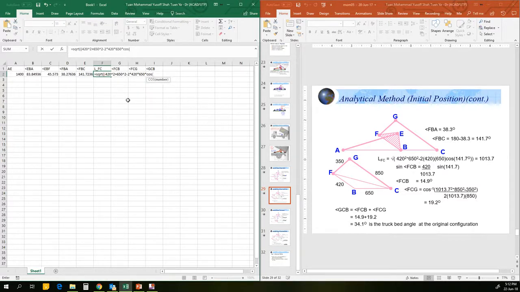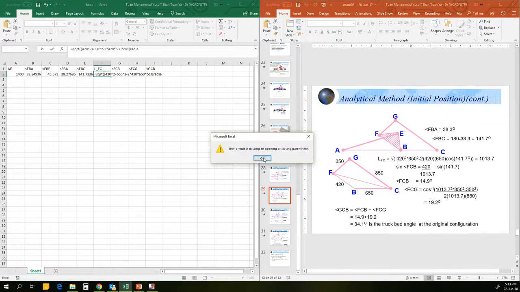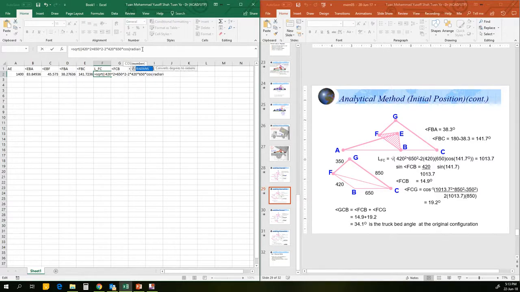Now this should be in radians, so we have to put radians, and we put the angle here, 141.7.